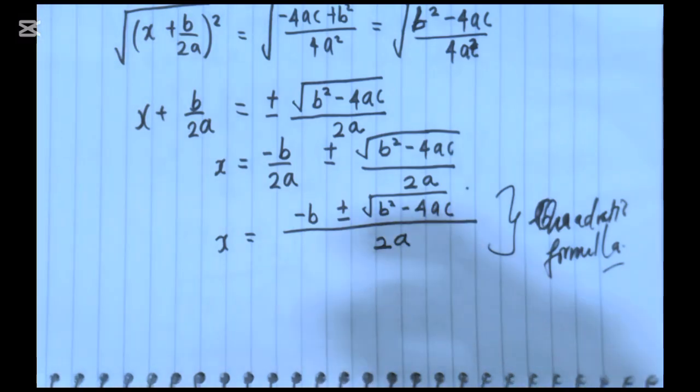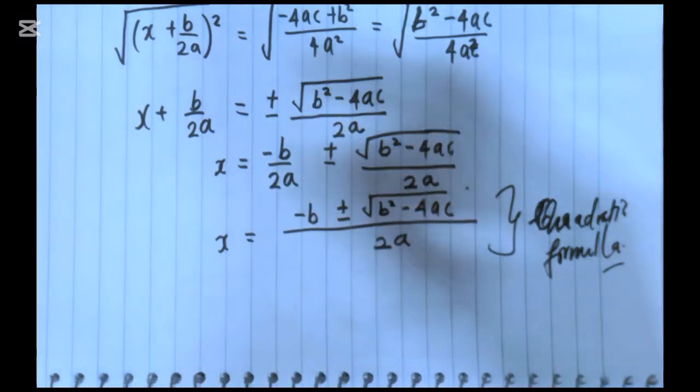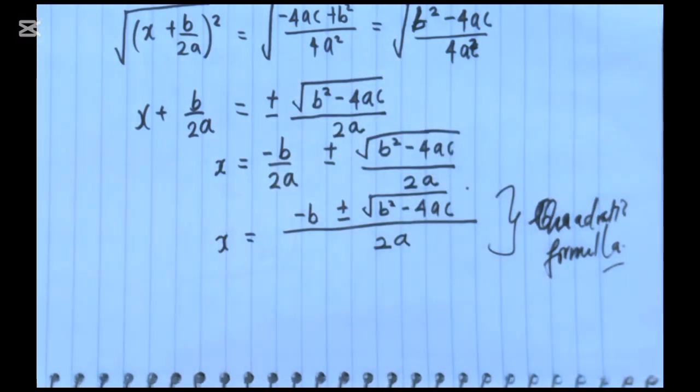We use it to solve quadratic equations. In the next class, not this one, we will look at numerous examples where the quadratic formula is actually used to solve quadratic equations. This was more of a fun class, nothing to really give much attention to.